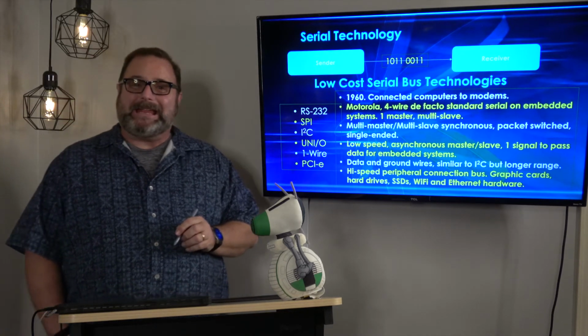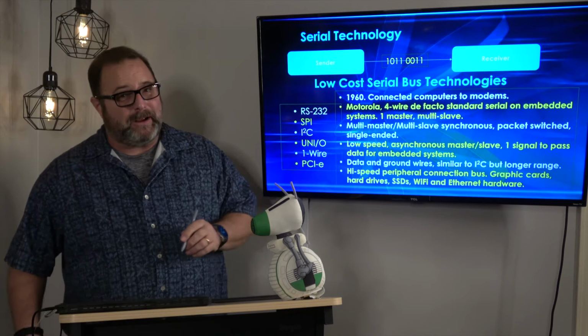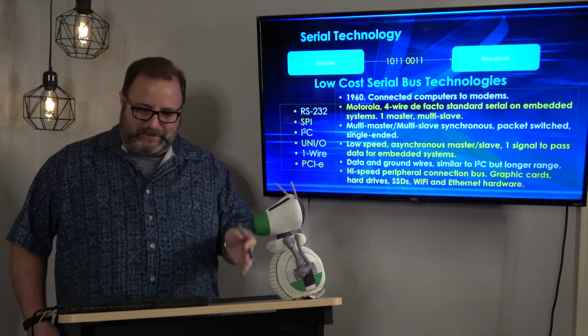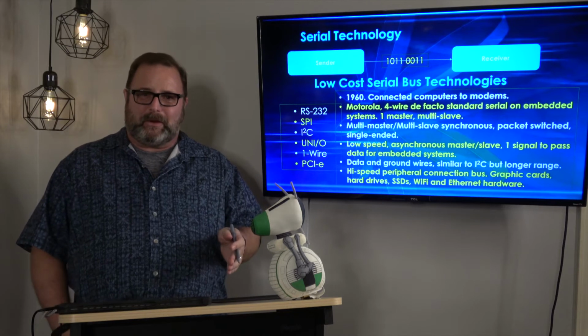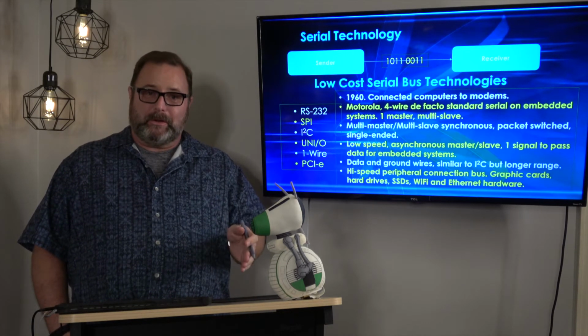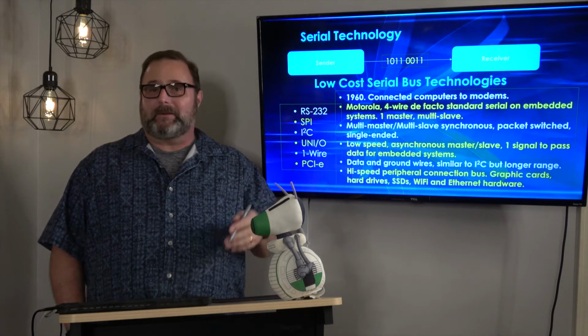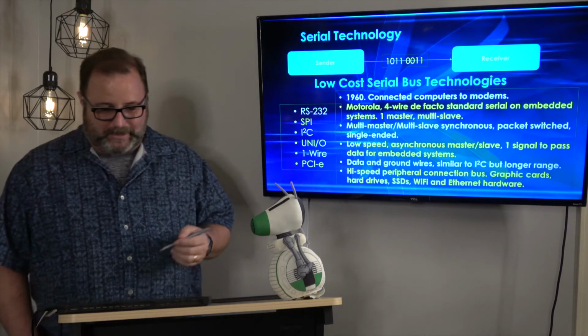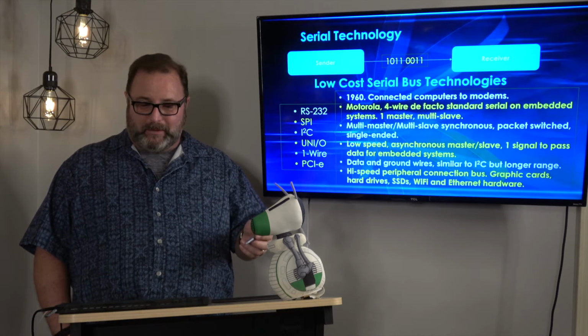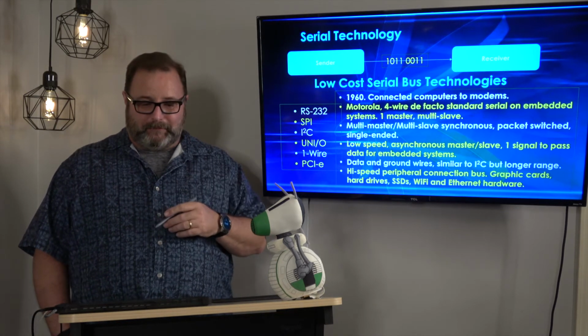Then we have PCIe, and anybody that's bought a recent graphics card should understand PCIe. That slot for your graphics card is a serial slot. That's how good PCI has gotten to PCIe, the enhanced version of it. Okay, it's a high-speed peripheral connection bus, and I just mentioned your graphics card.